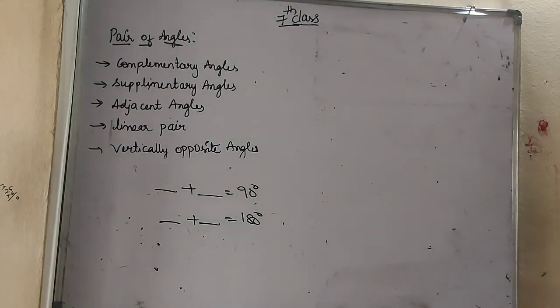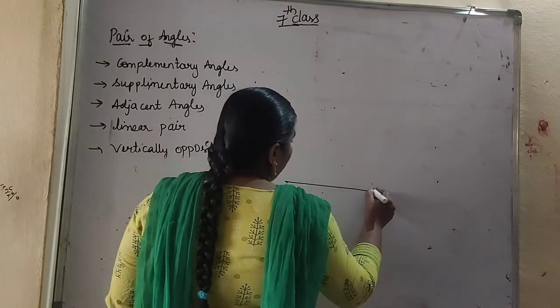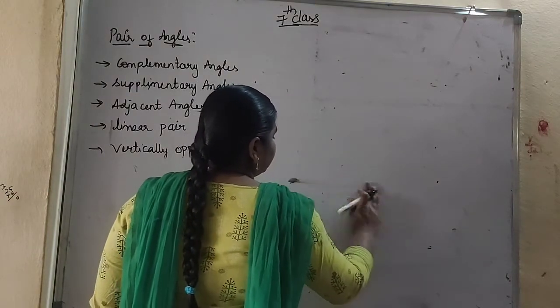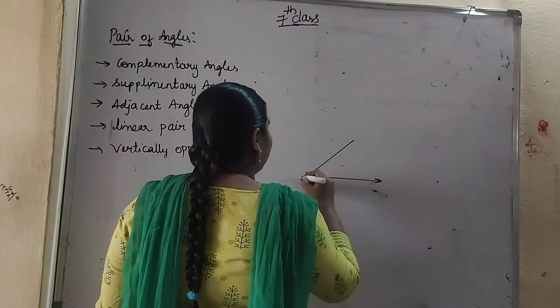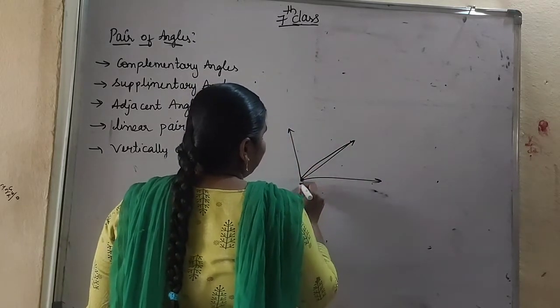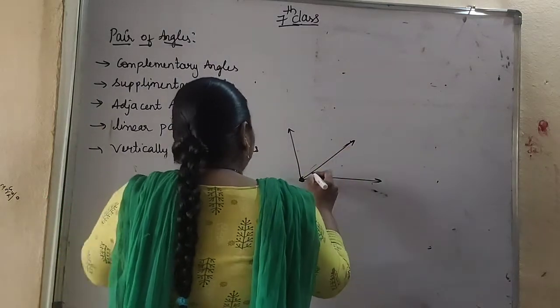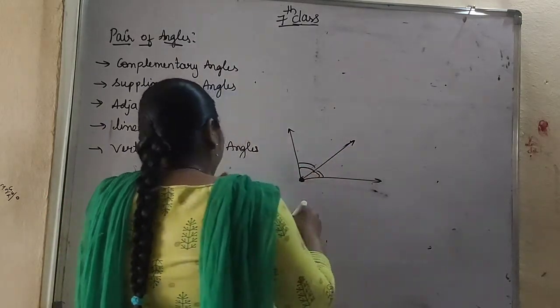Next is adjacent angles. What do you mean by adjacent angles? Adjacent angles means it should have a common arm as well as a common vertex. So this is a common arm and this vertex is common to all the figures, all the rays. So that type of angles we will call it as adjacent angles.